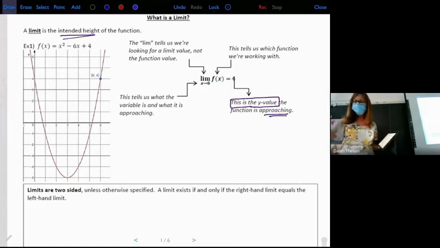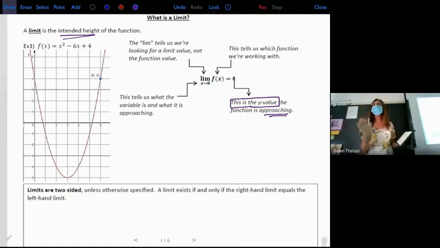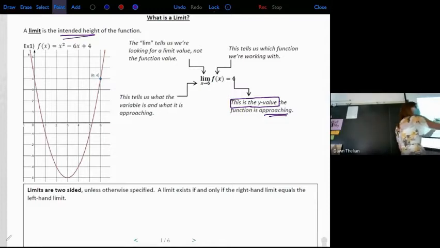So let's start off with this graph that I gave you. f of x is a smiling parabola, x squared plus 6x minus 4. That's a nice, smooth, continuous, smiling parabola. If we look at the example over here, the limit as x approaches 6. The x-axis is our horizontal axis, so x equals 6 is here.